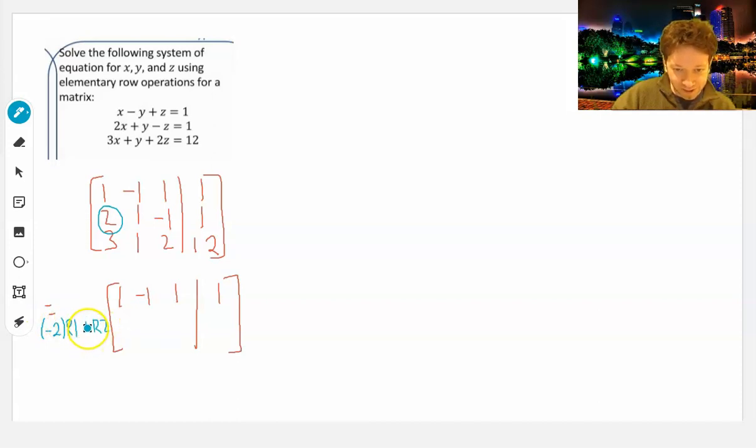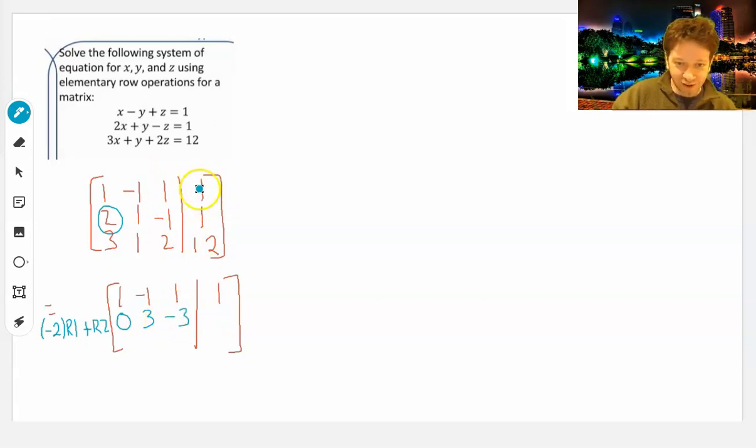So that's the operation. So 1 times -2 is -2. And then we add 2, we get 0. -1 times -2 is +2. Adding 1, we get 3. 1 times -2 is -2. Add -1, we get -3.